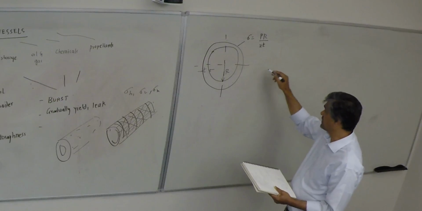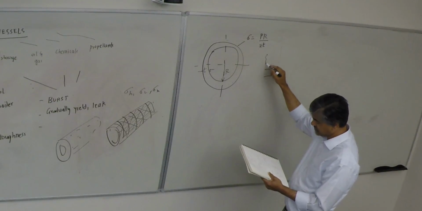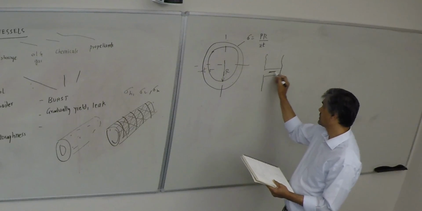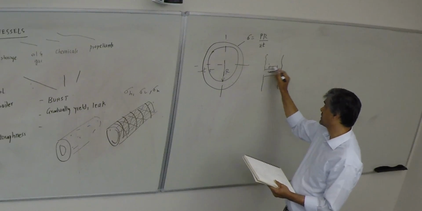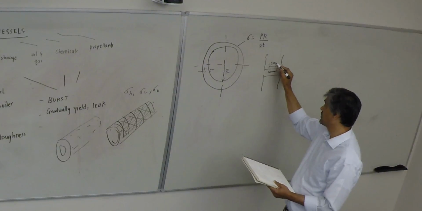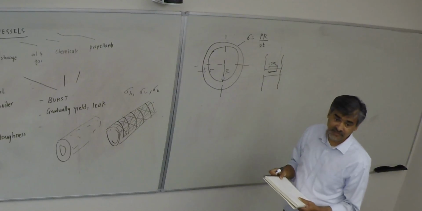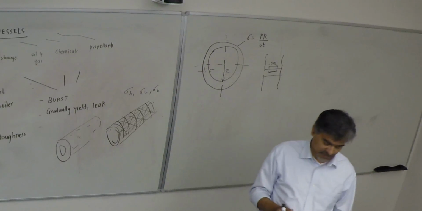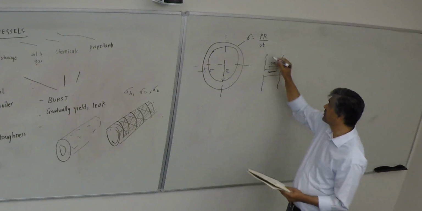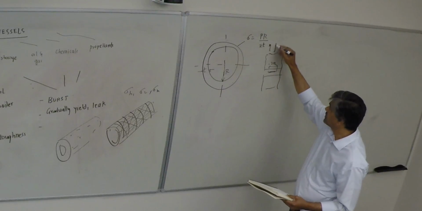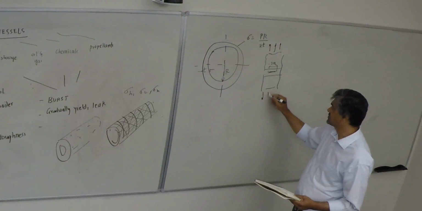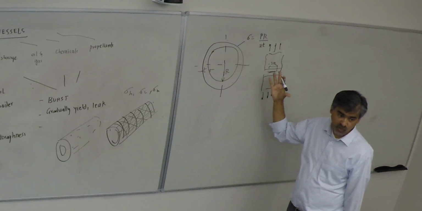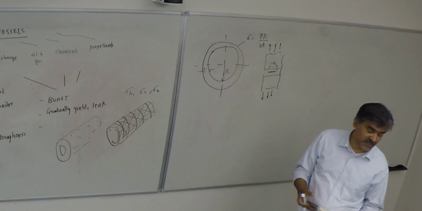So if you look at the typical cross section here, you can imagine there's a crack, and that crack length, like I said, in fracture mechanics is typically called out as 2A or 2AC, meaning critical crack length. So right at that point the crack will grow, right? Here we are talking about the hoop stress in the wall, and because it's tension, it's going to open the crack and propagate the crack actually.